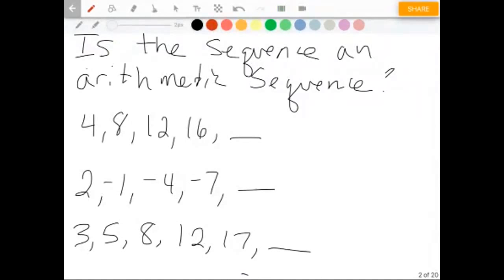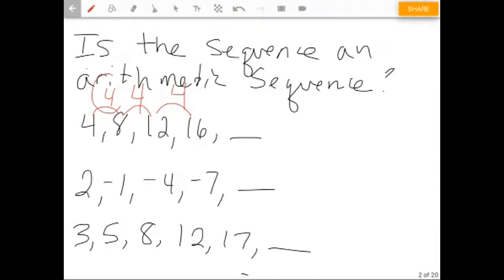Between 4 and 8, the difference there is 4. 8 to 12 is 4. 12 to 16 is 4. Since the difference is constant, it's always the same, yes, this is an arithmetic sequence. And then oftentimes they'll ask, what's the next term? We're adding 4 each time, so you'd add 4 to 16 to get 20.